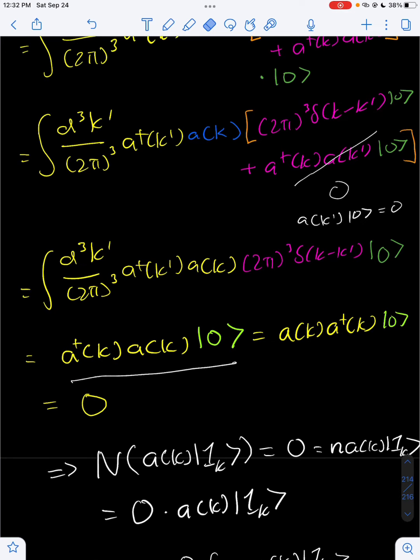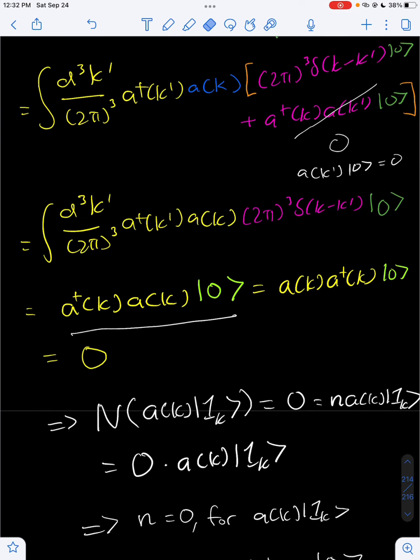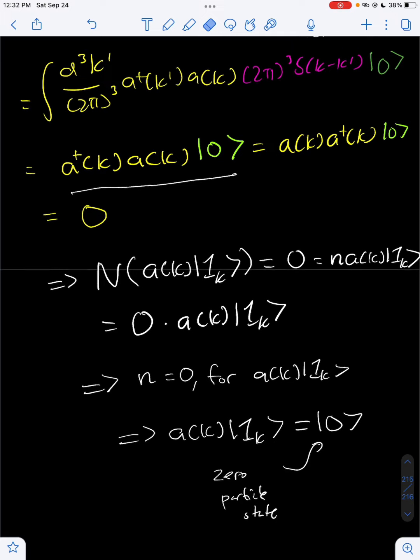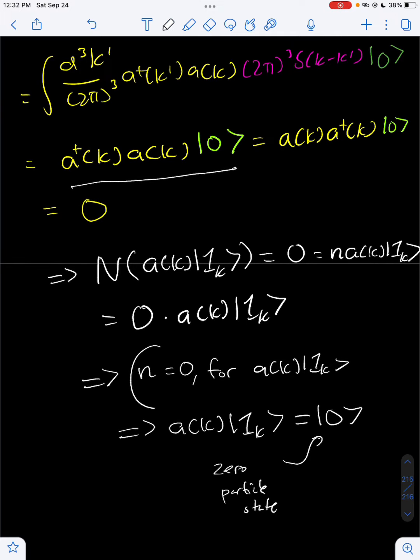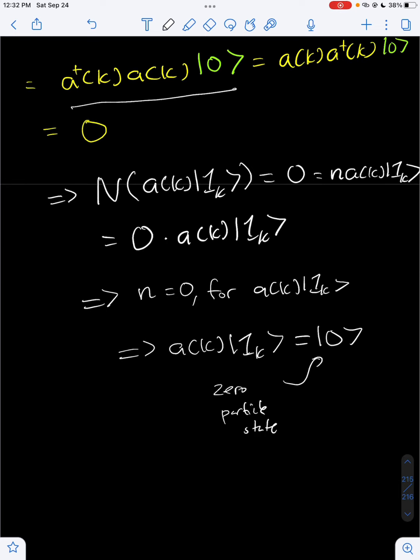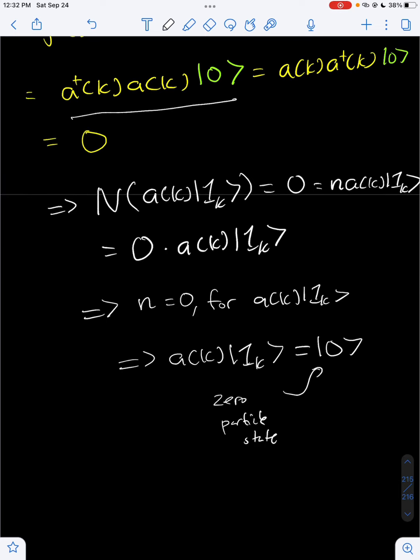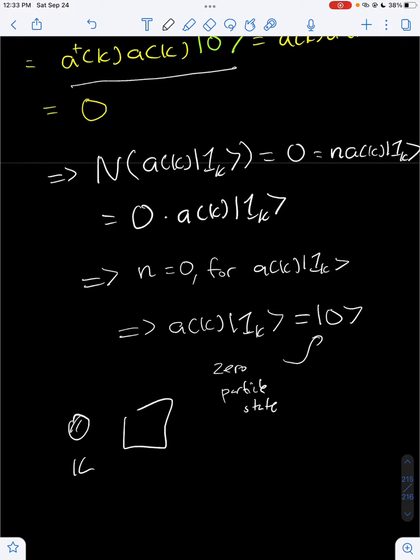Then we use the number operator again, and we use that to declare that we have n equals 0 for A of k acting on the first particle momentum state, which basically tells us that A of k removed a particle from our state. We had one particle of momentum k, and A of k just destroyed that particle. It annihilated that particle. It moved it away, and now we just have the vacuum state. No particles in our system.